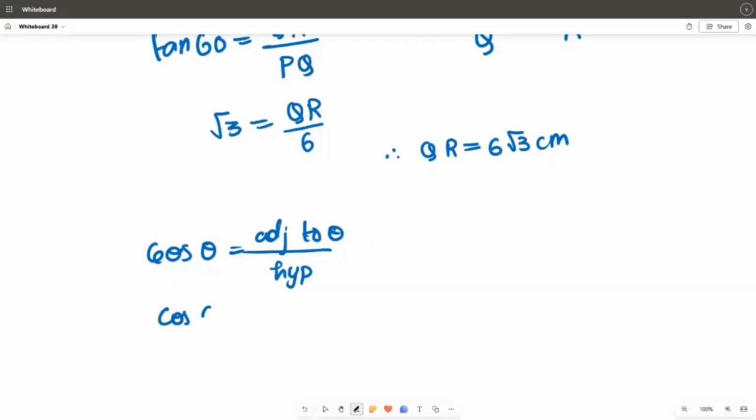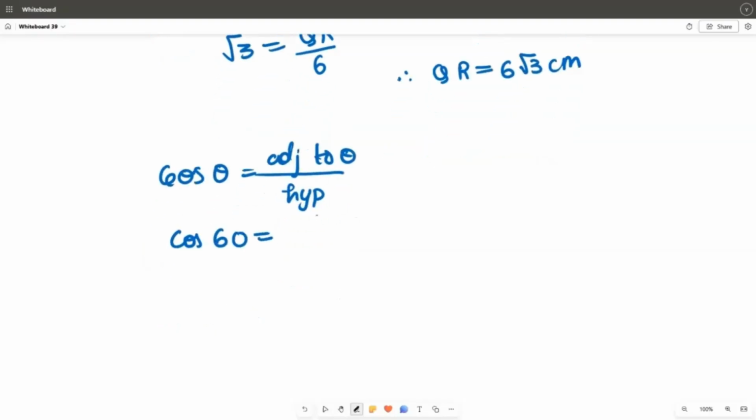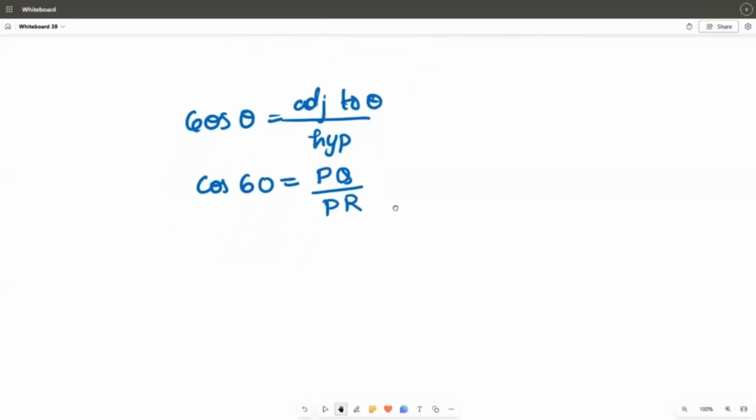So here, cos 60, the adjacent side to cos 60 is PQ, right? The hypotenuse is PR. So we know the value of cos 60, which is equal to 1 by 2.